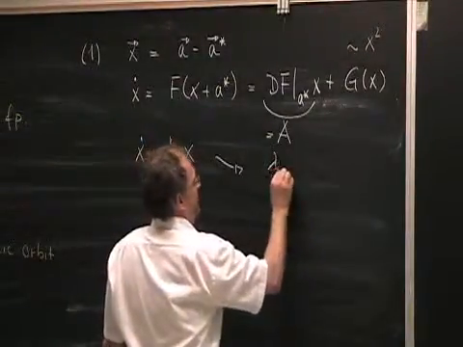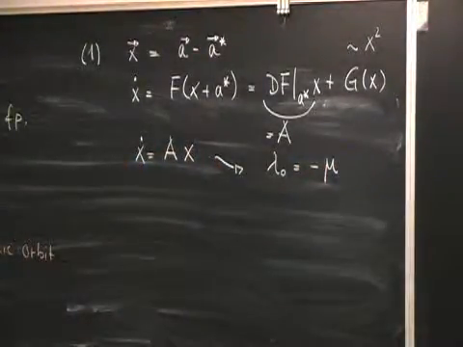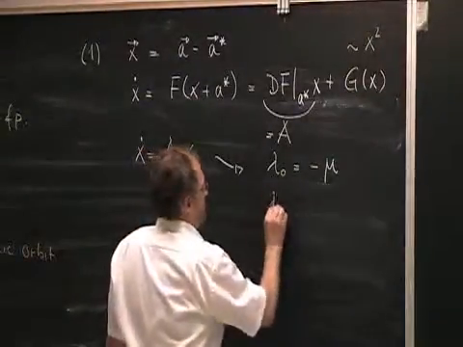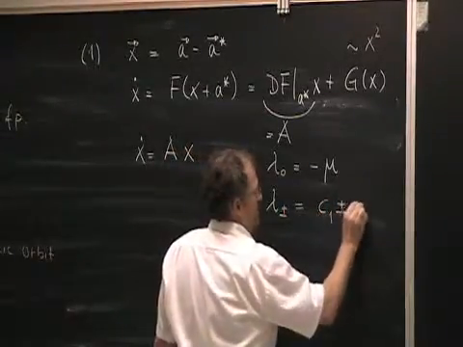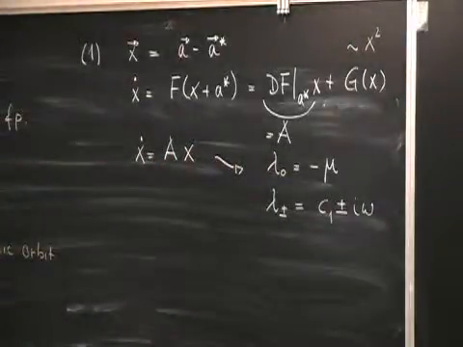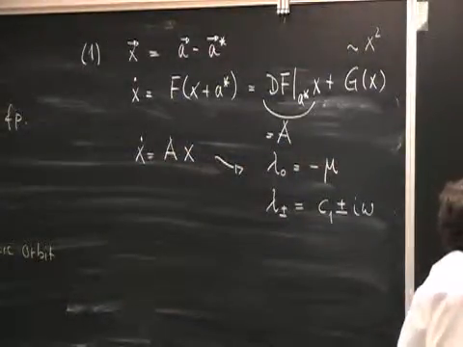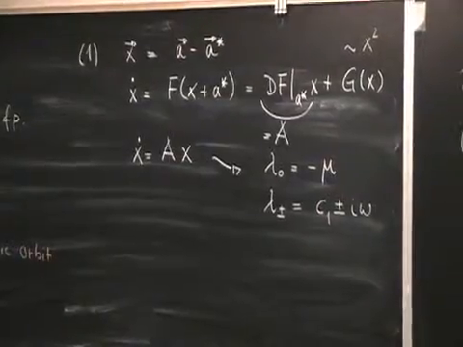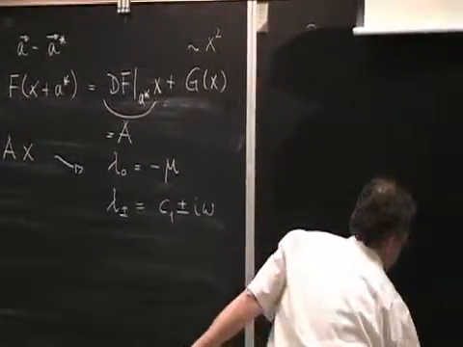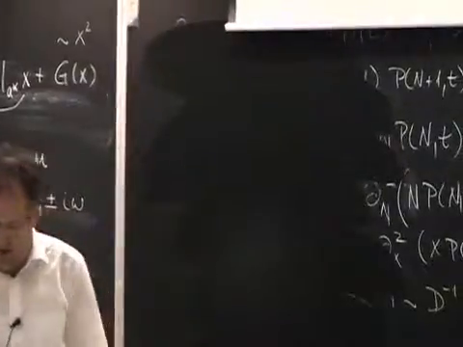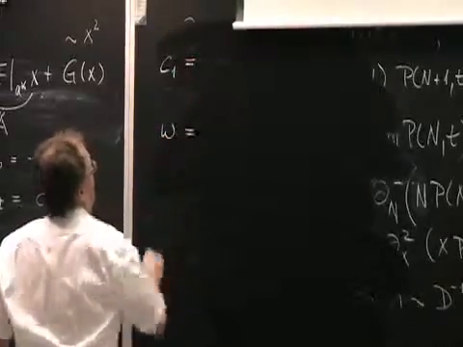You find one eigenvalue lambda naught, which is negative, given by minus the birth rate, and you find two other eigenvalues which are complex conjugate pairs, C1 plus minus i omega, where C1 and omega are constants, and they're given by my selection and birth rates.